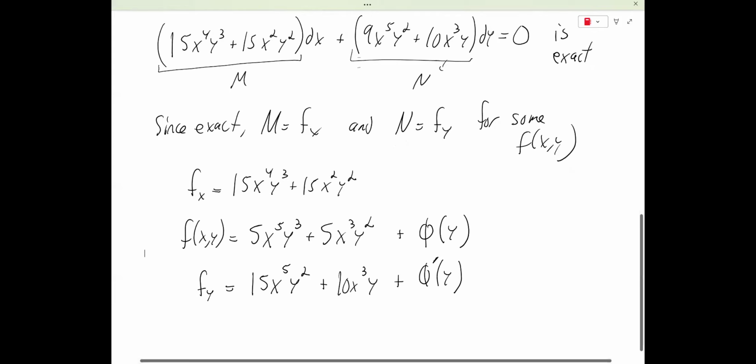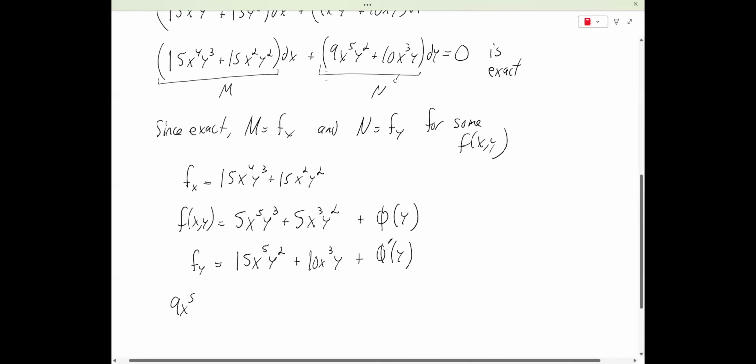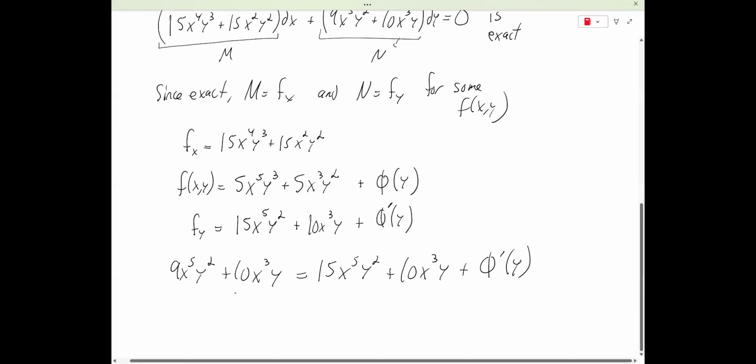So then that would give me 9x to the fifth y squared plus 10x cubed y equals 15x to the fifth y squared plus 10x cubed y plus some function, phi prime of y, like that. These cancel, right?